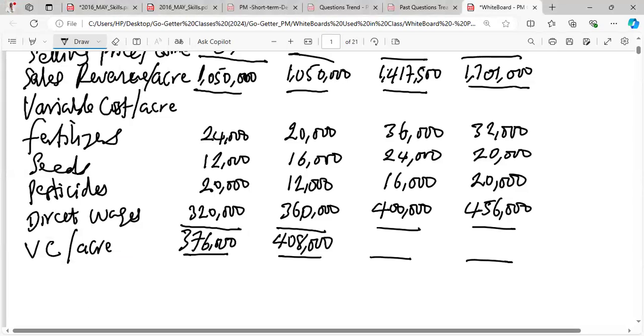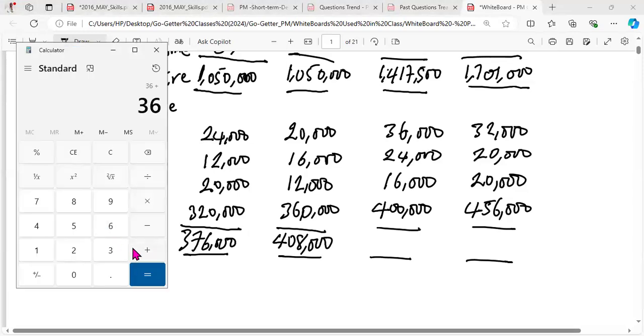The third one, I'll do it the same way. 36 plus 24 plus 16 plus 400. That's 476.